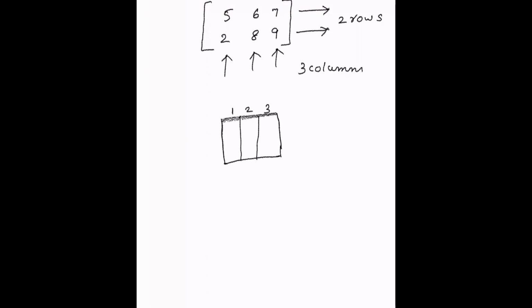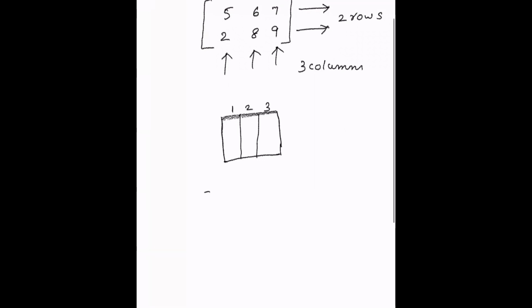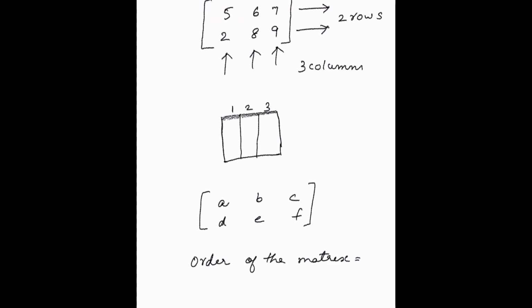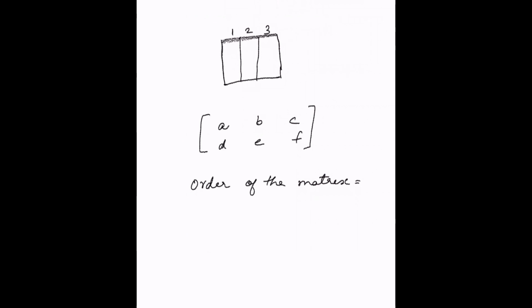Another very important concept: when I give you a matrix like this, you have to tell me the order of the matrix. You need to know the order of the matrix.